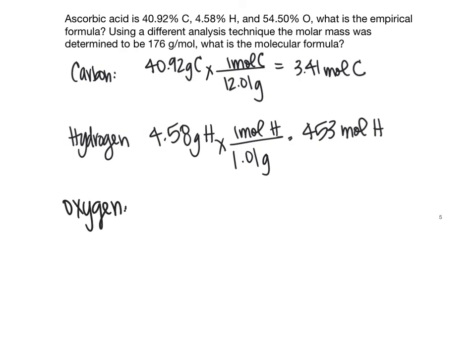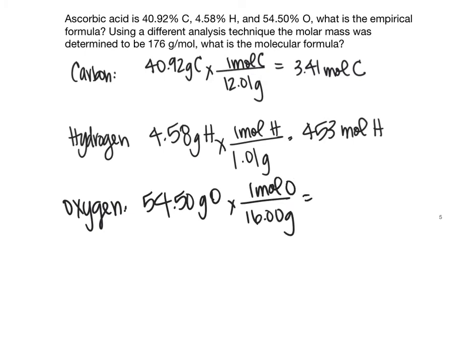And there are 54.50 grams of oxygen, and there's 16.00 grams in 1 mole. And that gives us 3.41 moles of oxygen. So we've completed steps 1 and 2 of our plan.